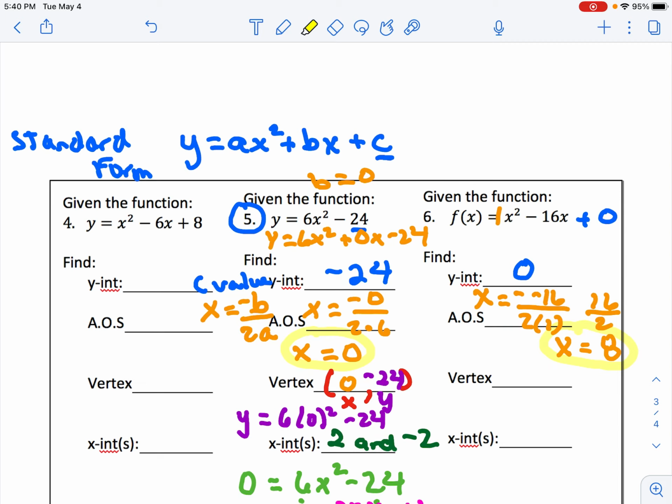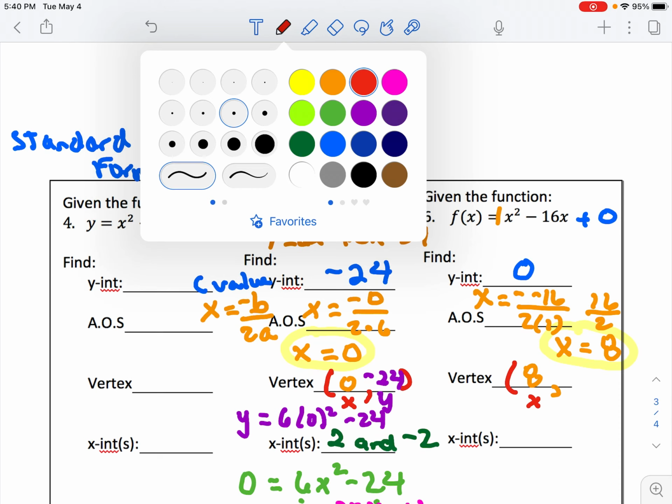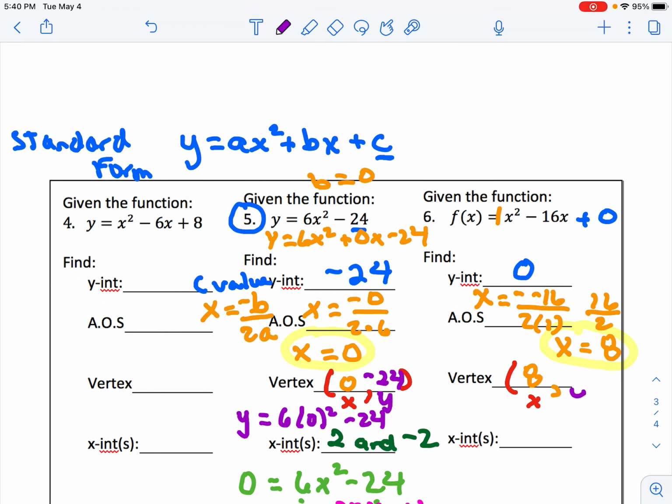So I also know that 8 is the x value of my vertex. So my vertex is 8, something. To find the y value, I am going to put 8 in for x.